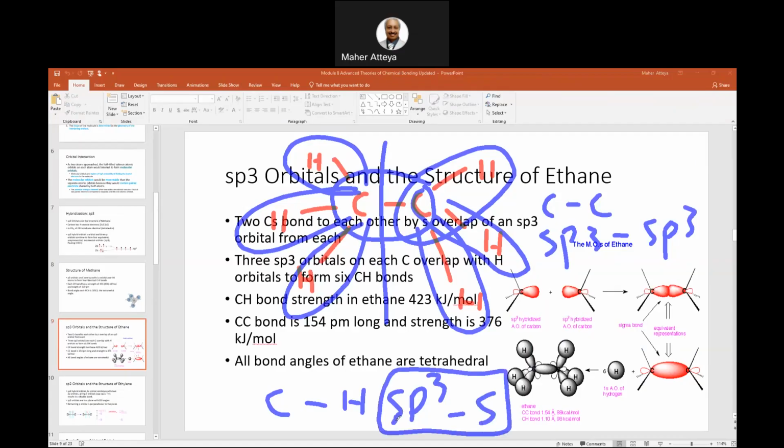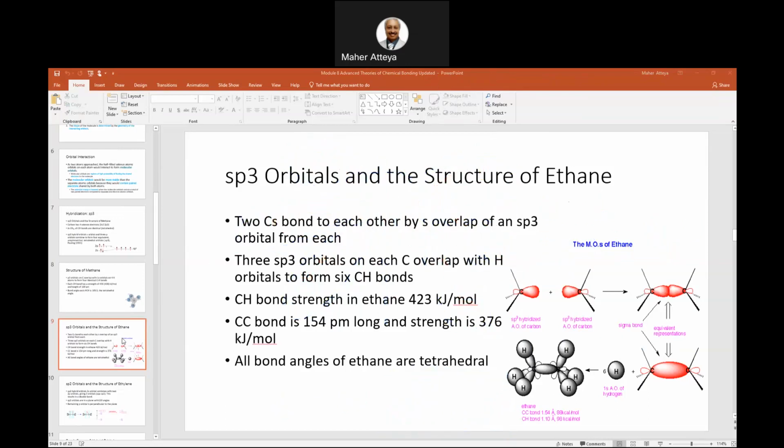And it is tetrahedral, with a 109.5 angle. So using the Lewis structure, I can determine what type of hybridization I'm dealing with. Correct. Let's take another one.